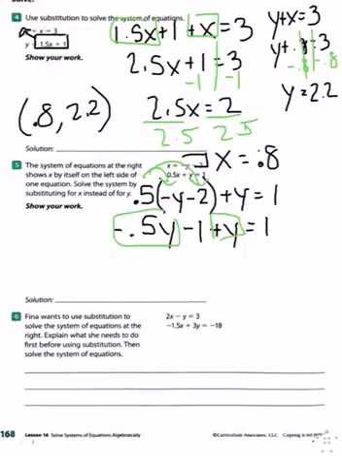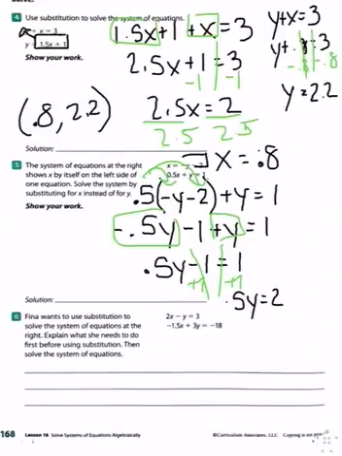Negative 0.5 plus 1 is 0.5. I'm going to continue combining like terms by adding 1 to both sides. I get 0.5y equals 2. And my last step is to divide by 0.5. I'm going to divide both sides by 0.5. And when we do that, we get y equals 4.